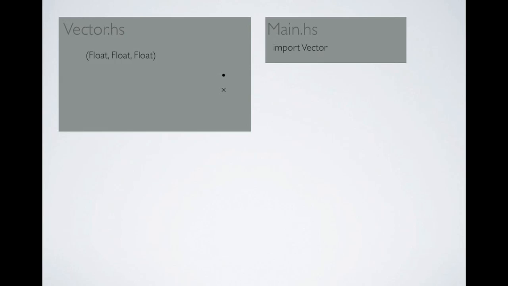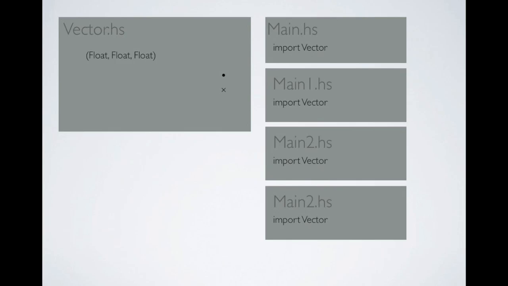Now, you go ahead and use these functions, the dot product and the cross product, in many other programs. For example, main1.hs, main2.hs, and so on. You can name them whatever you want.